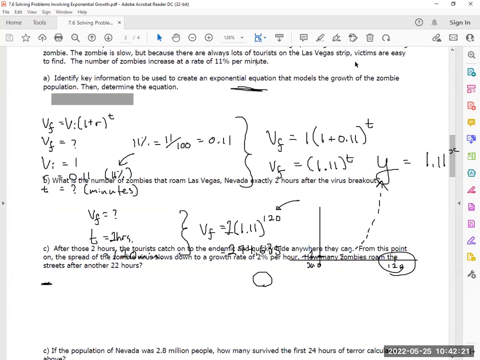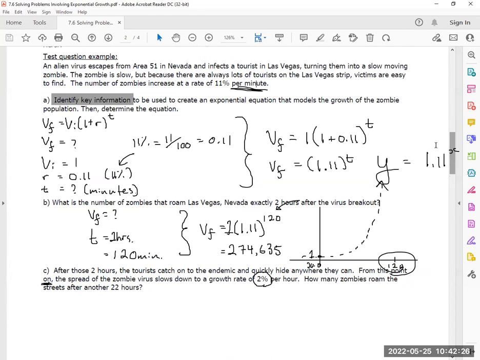So let's do this question slowly. All right. What's my final value? Well, that's what they're asking. How many zombies are left? So what's my initial value for this scenario? How many zombies am I starting with after 2 hours? How many zombies do I have now? Okay, that's how many zombies there are now.